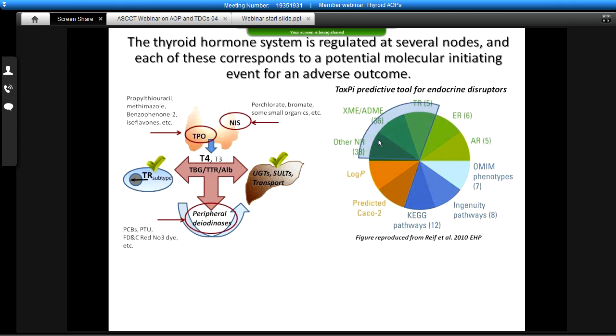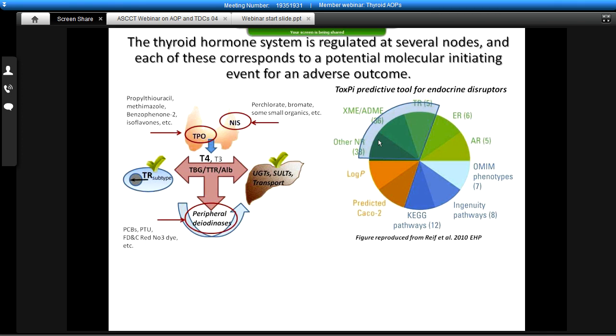Highlighted with this blue wedge are the pieces or assay information that were considered pertinent to thyroid regulation, and this included thyroid receptor binding assays and xenobiotic metabolizing enzyme assays and some other nuclear receptor reporter assays.